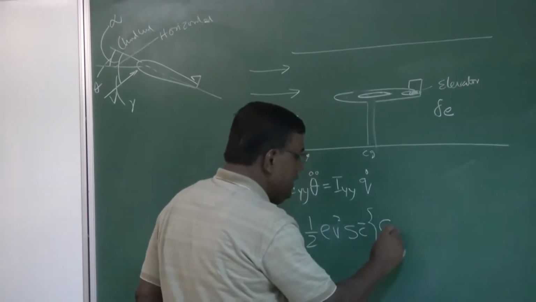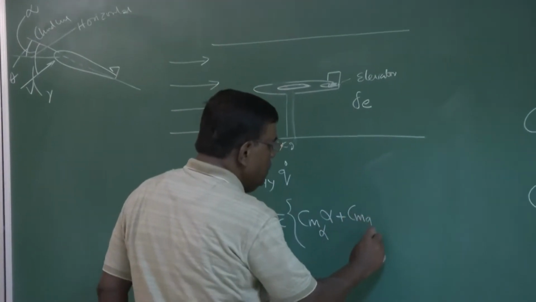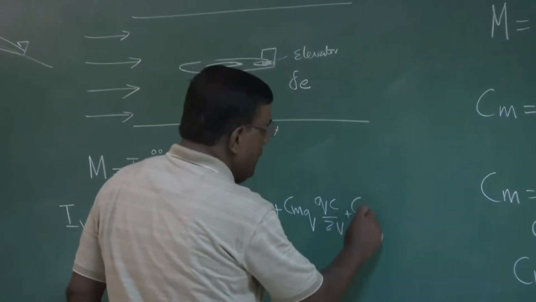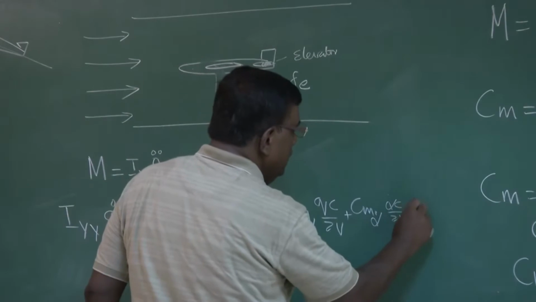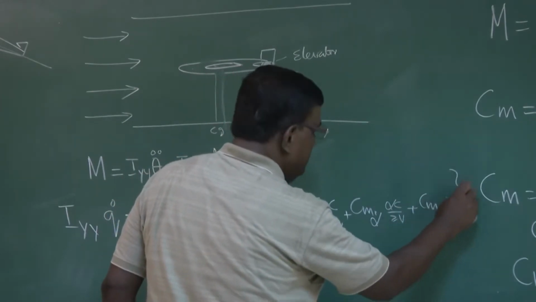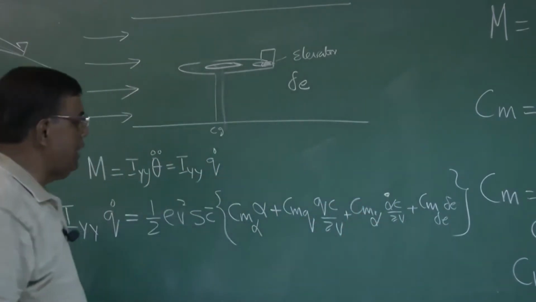For Cm I write Cm alpha into alpha plus Cmq into qc by 2v plus Cm alpha dot into alpha dot c by 2v plus Cm delta E into delta E. Correct?